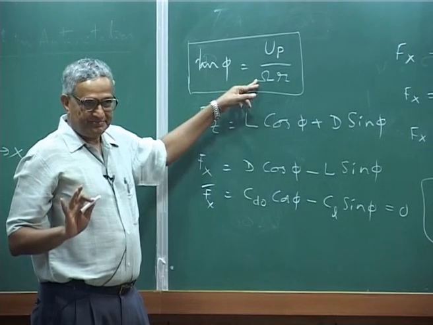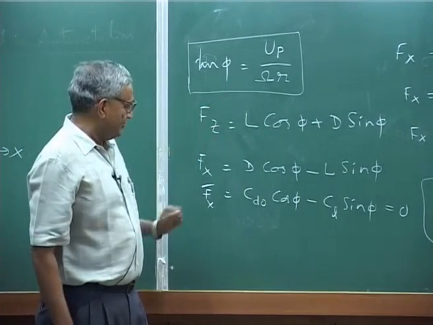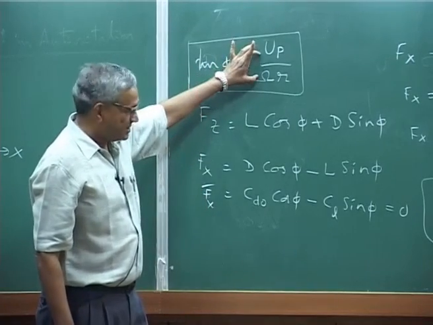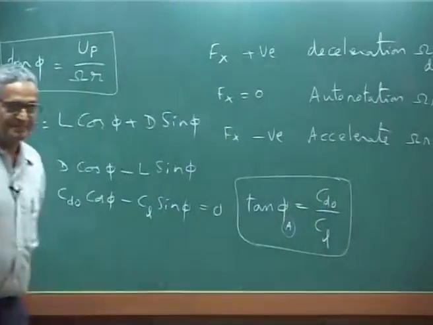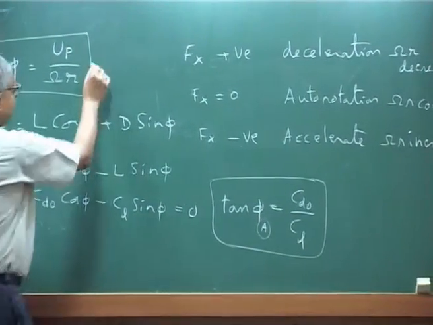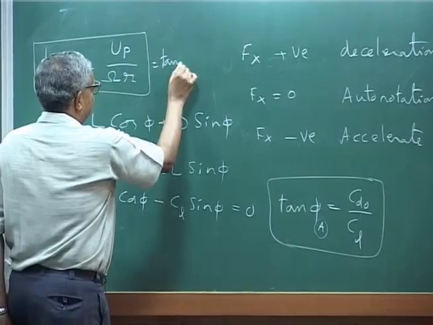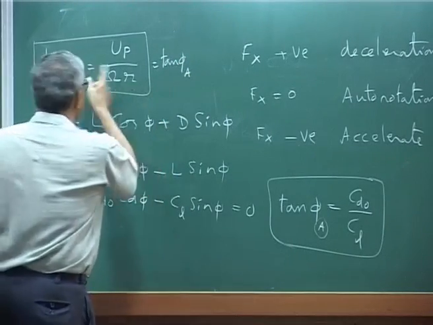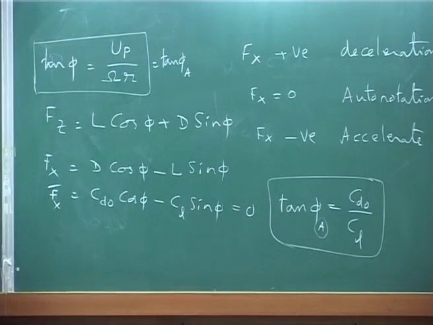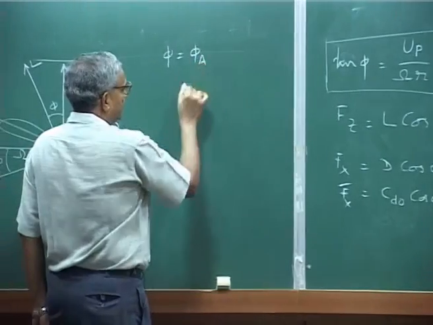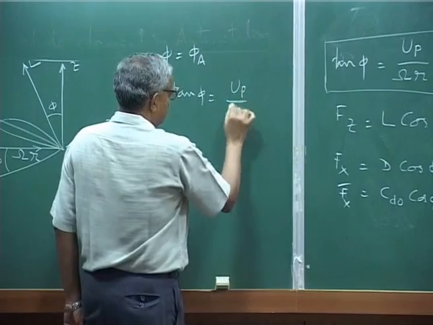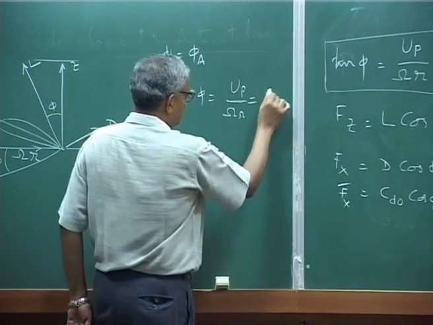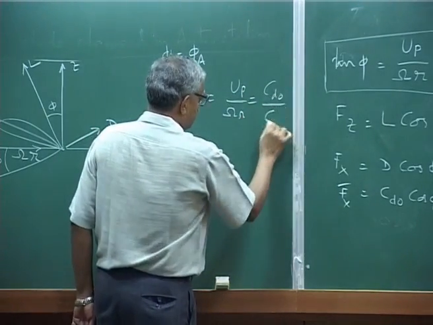When this quantity becomes equal to this value, that is phi equals phi A, then you can say tan phi is up over omega r, which is also equal to CD naught over CL.